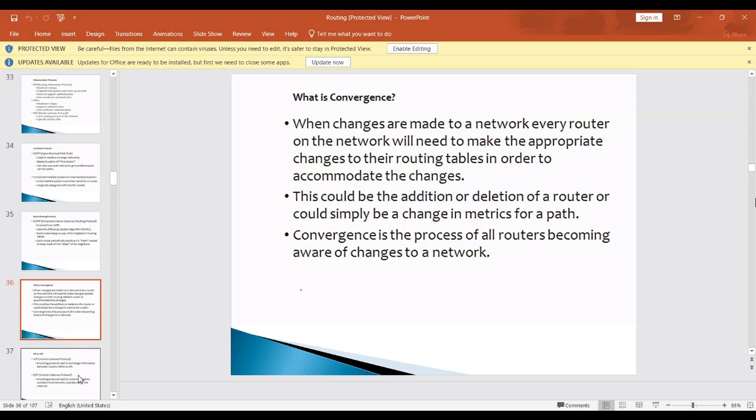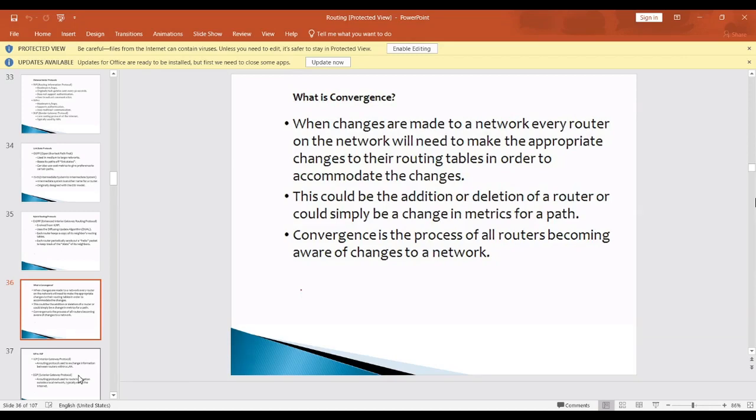For all these purposes, a considerable amount of time will be required. The time taken by the routers to become aware of their neighbor routers or the networks is called the convergence time.